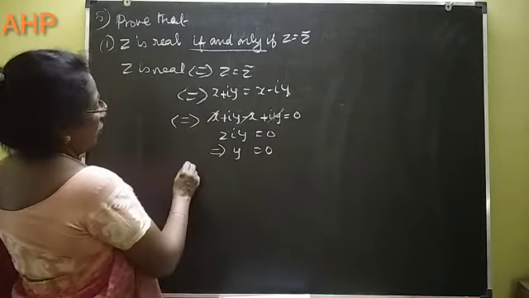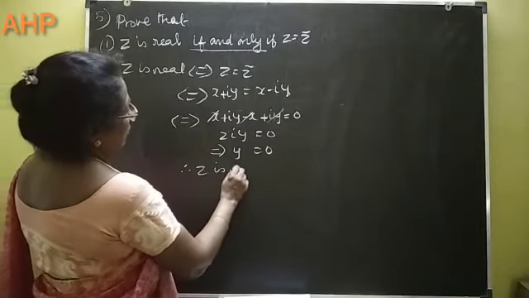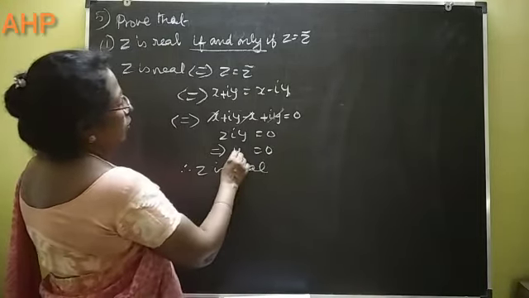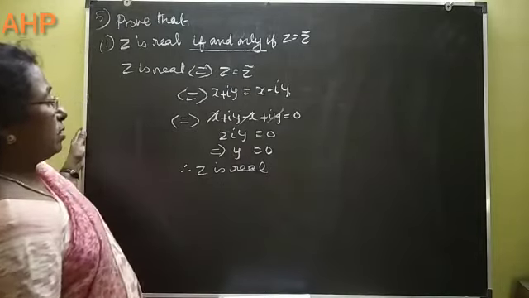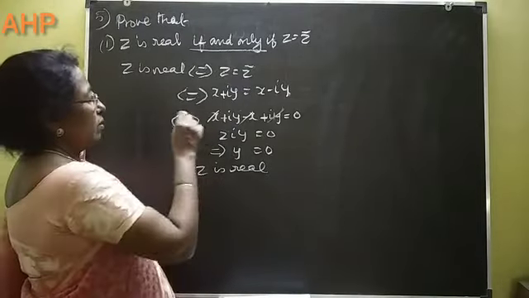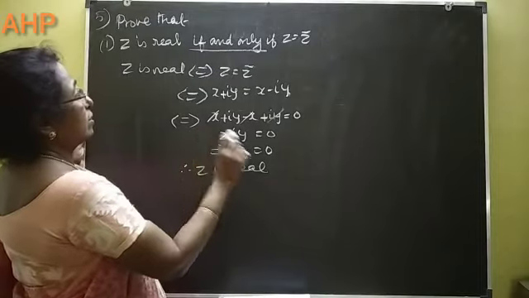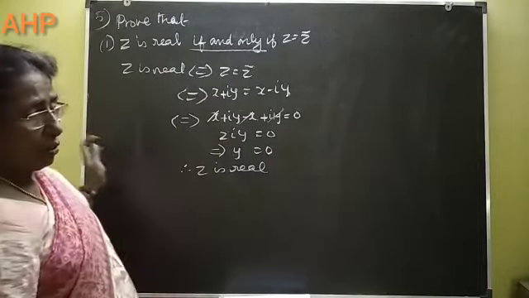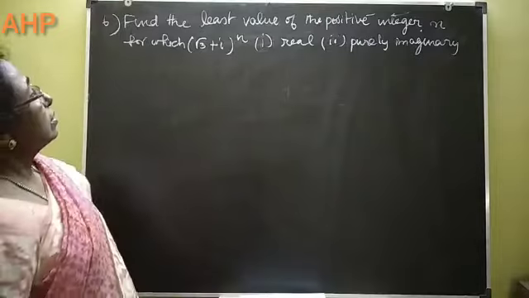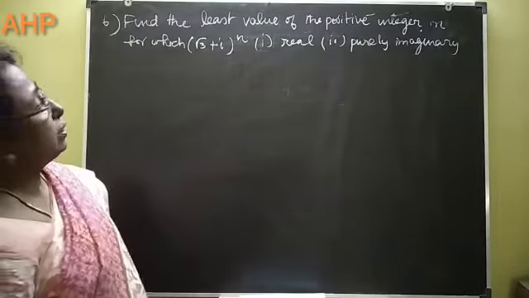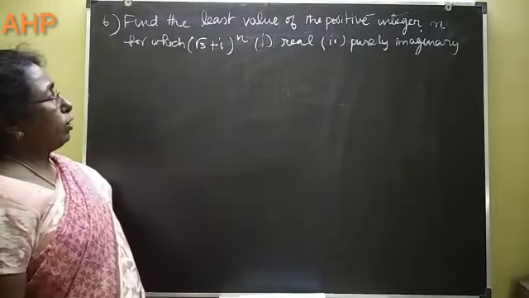So therefore z is real. So imaginary part of z is equal to 0 implies only the real part of z is there. Therefore z is real.